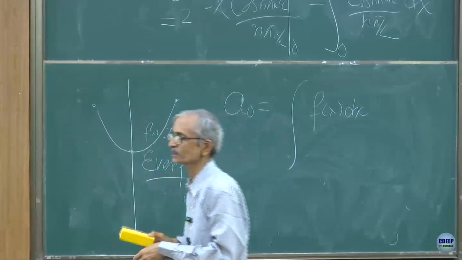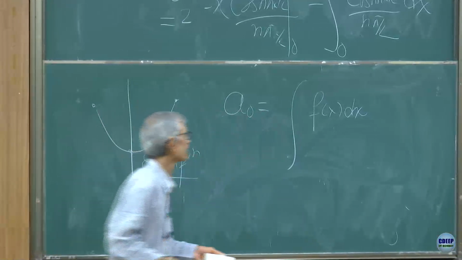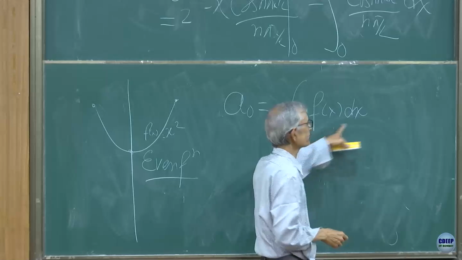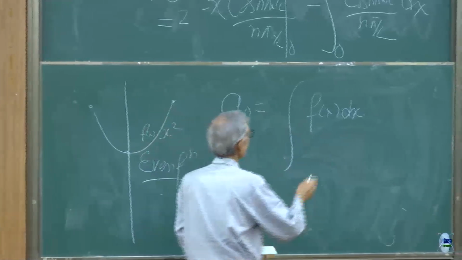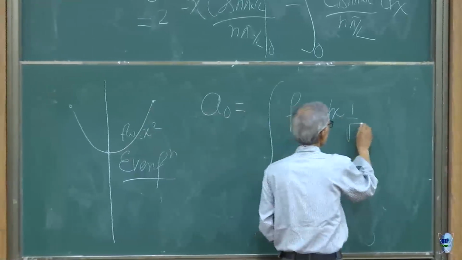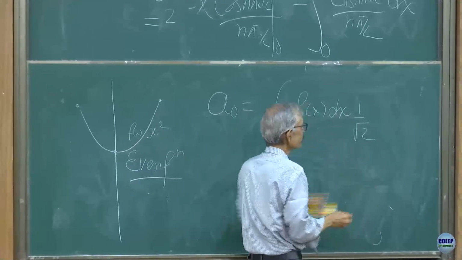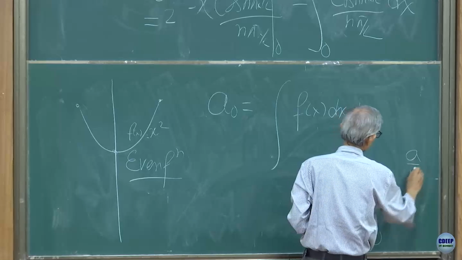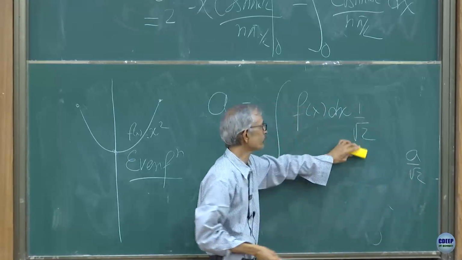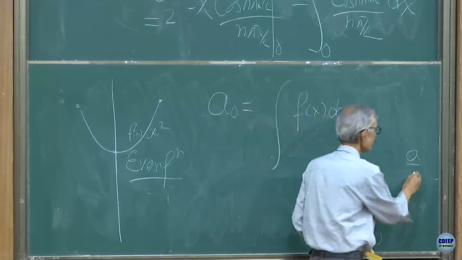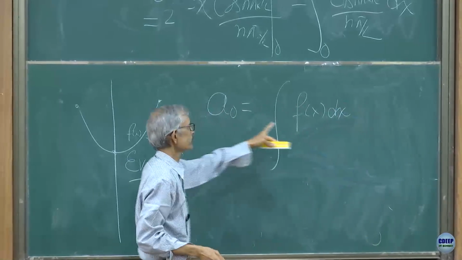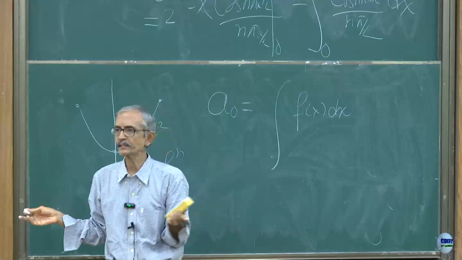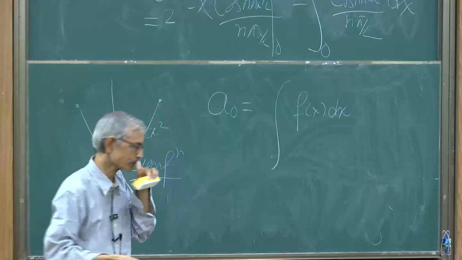You were not there, but the corrected version is there just now. Okay. So you can use a naught equal to the integral of f(x) dx, or you can say that a naught is the integral of f(x) dx times 1 by root 2. If you put this 1 by root 2 there, you will have a root 2, and if you don't put this here, there you will have a 2. Okay. So this is what is standardly done in most of the textbooks.